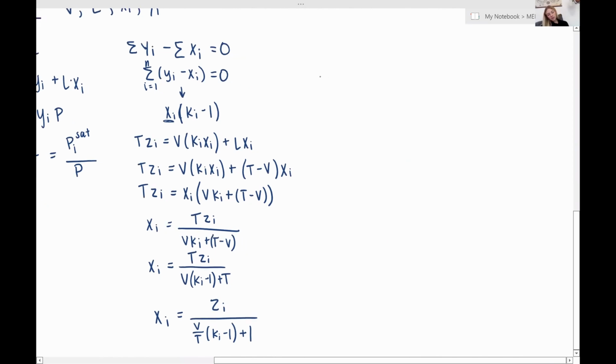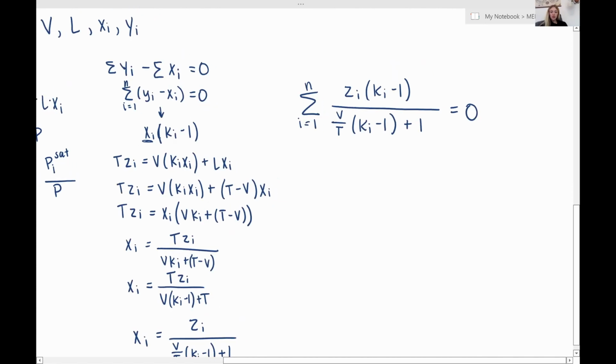Our final Rachford-Rice equation is going to be the summation from 1 to n of zi times ki minus 1, divided by V over T times ki minus 1 plus 1.